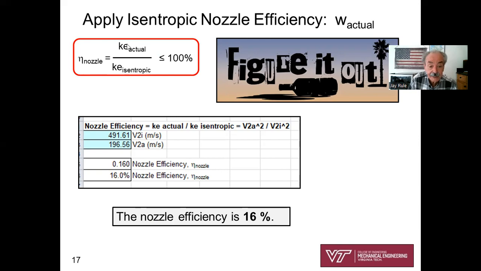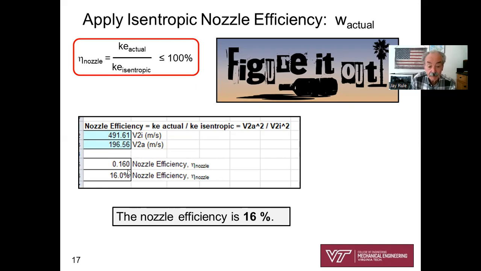And so the kinetic energy actual divided by kinetic energy isentropic, all I need to do is write down the velocities, right? And then remember that kinetic energy is in terms of V squared. So kinetic energy actual is going to be 196.6 squared divided by 491.6 squared, okay?